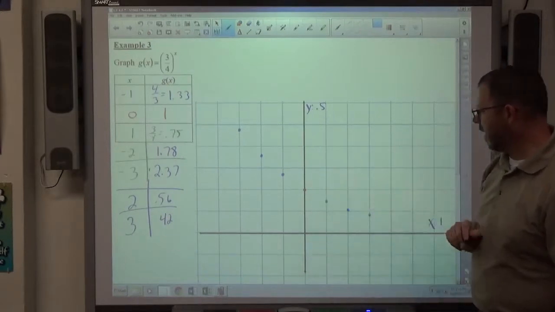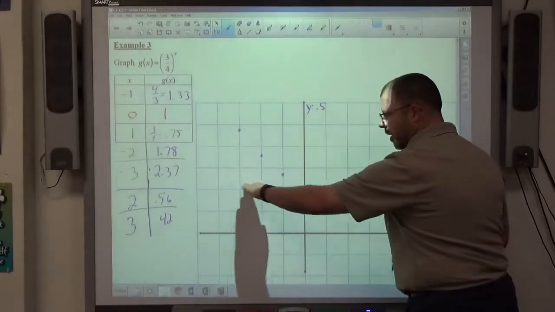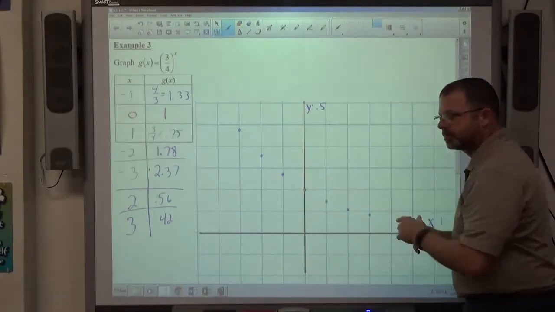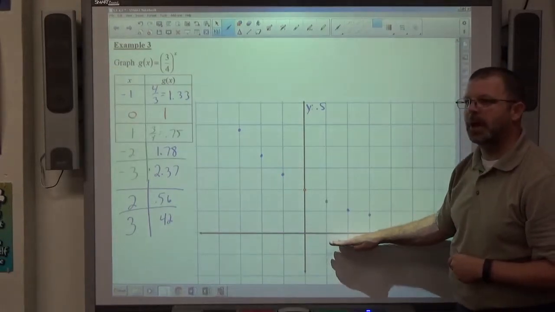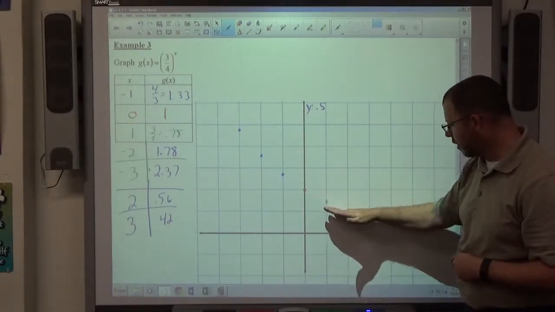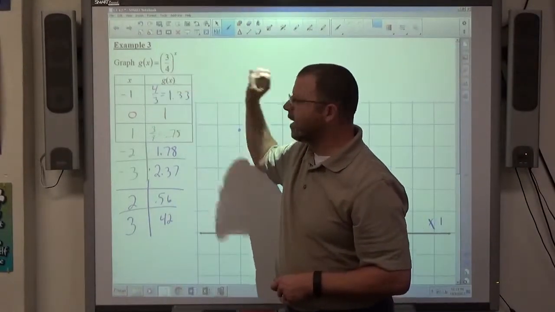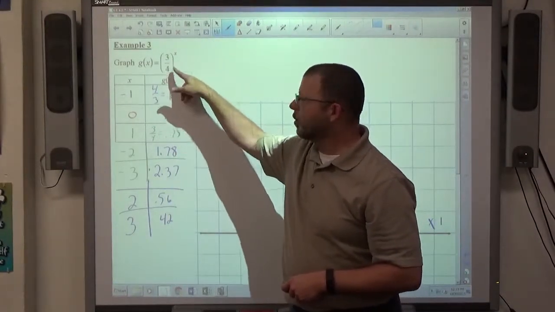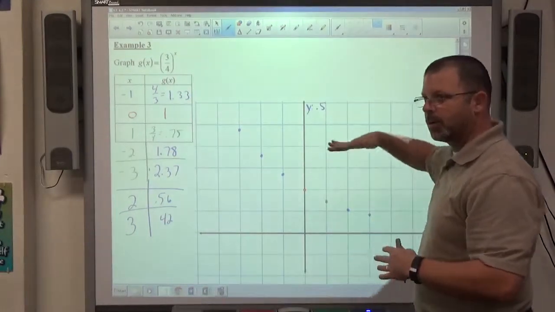You can see it's flattening out there. Here's 1 right here where the red dot is. Once it crosses that 1, it's not going to get past the next number down. It's going to flatten out at 0, because no matter how big I make x, 3/4 to that power will never be negative. It'll never equal 0, so it's going to stay above 0.